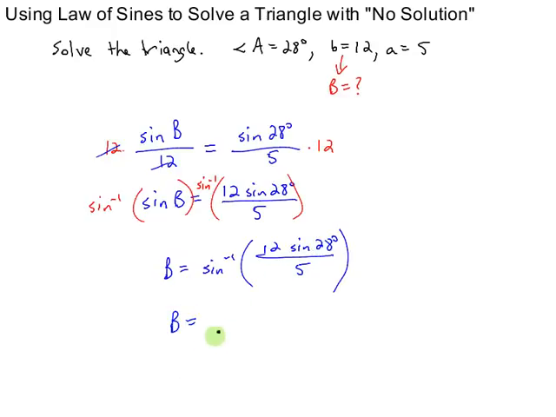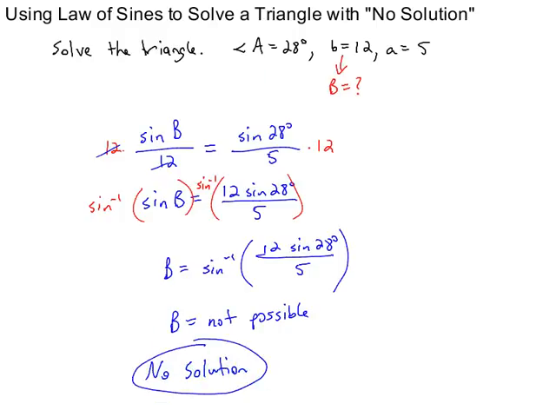And you'll see that you get some sort of error, and that's because there is no angle whose sine value is all of this. Okay, so this angle is not possible, meaning the triangle that was described is not possible. So there is no solution for the described triangle.